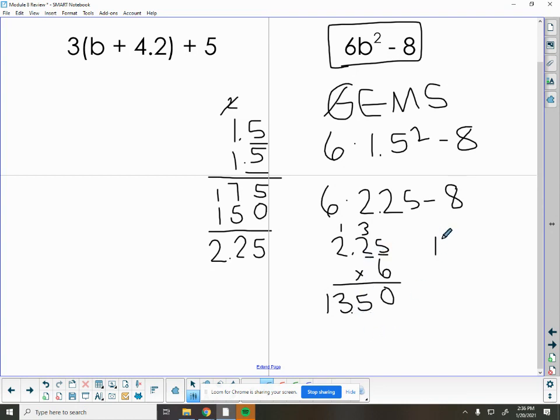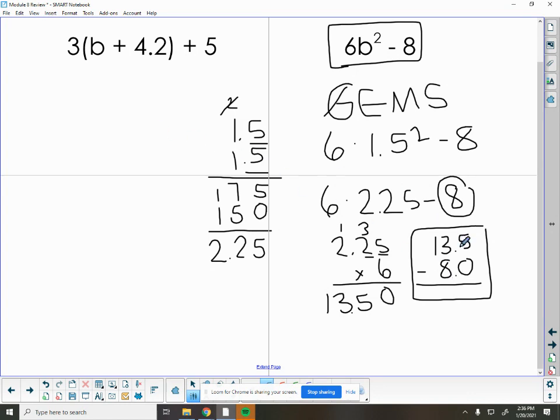So now we're taking 13.5 and minusing 8. We need to make sure we put this 8 under the 3 so it's in the ones place, because this is 8 wholes we're taking away. We can't line it up with the 5 or that's taking away 8/10. So when I do 13.5 minus 8, that will give us our final answer there.